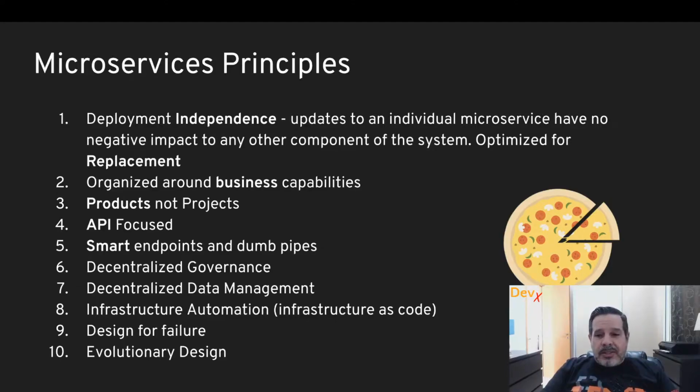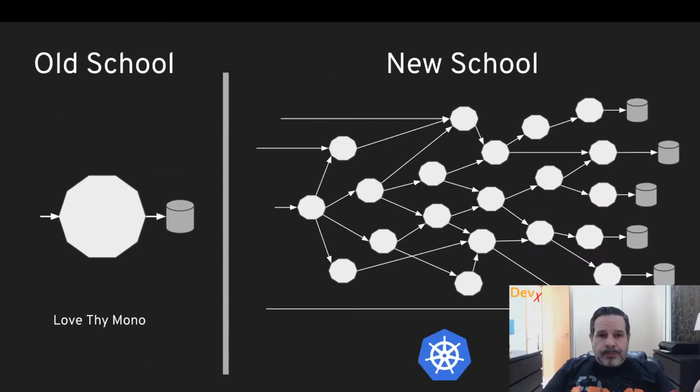Decentralized governance, because we don't want someone who will centralize the application, as that's not agile. And then decentralized data management. So these are some microservices principles that, if you are interested in service mesh, are concepts familiar to you.